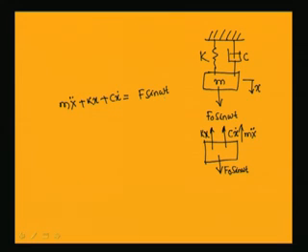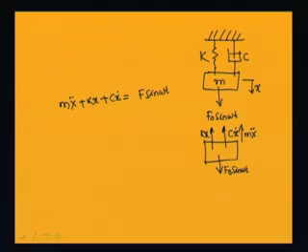Now, I will tell you a very simple graphical method to solve this equation of motion. Already you know, for a similar differential equation, the solution will be in the form x equals X sin(omega t minus phi), where X is the amplitude of the response and phi is the phase angle.